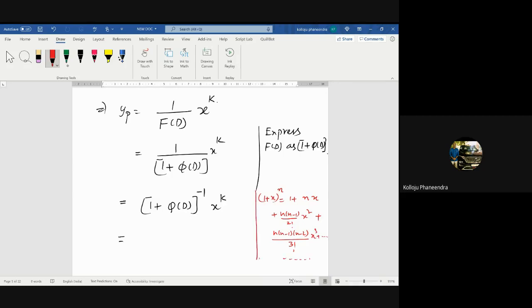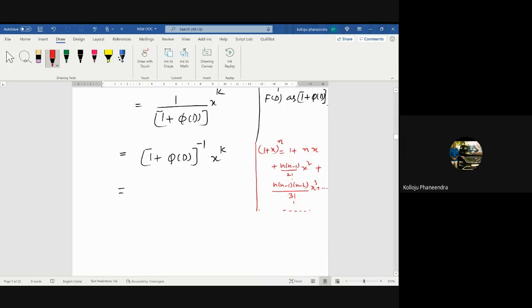This is the series formula, the 1 plus x whole power n expansion formula. Using that, expand this. Then what I am getting: the 1 plus x whole power -1 expansion, that is 1 minus x plus x square, and so on, where x is phi of d.